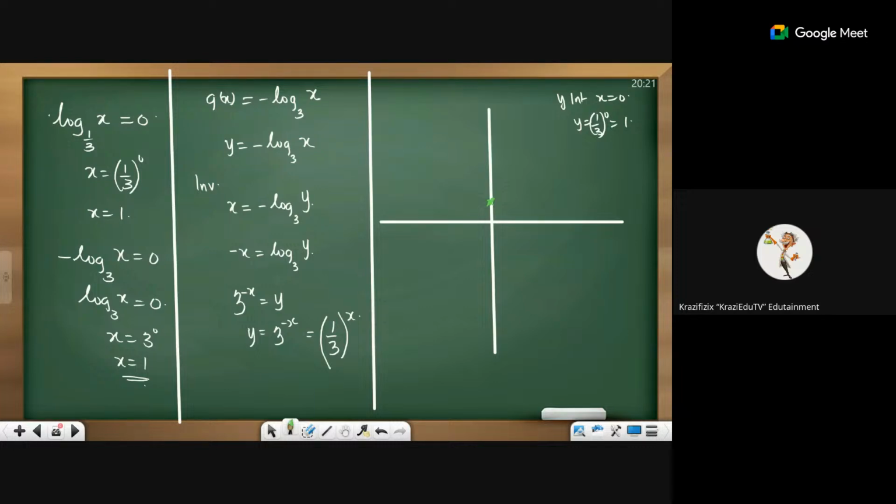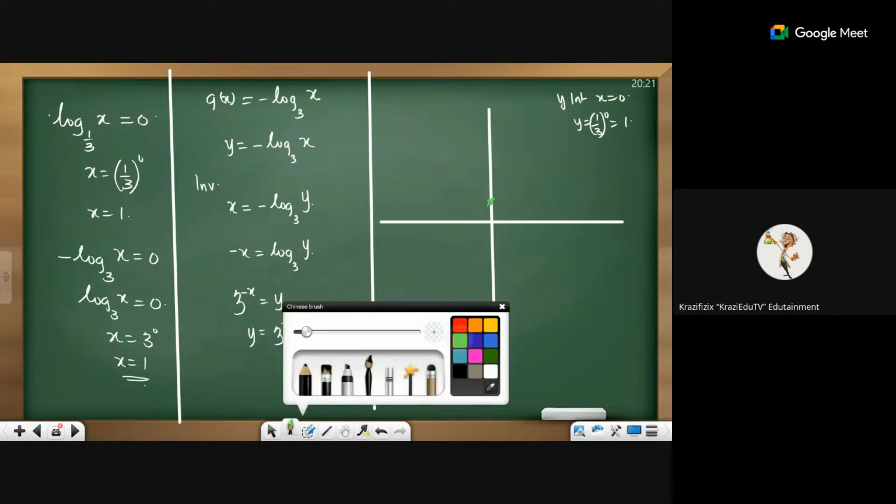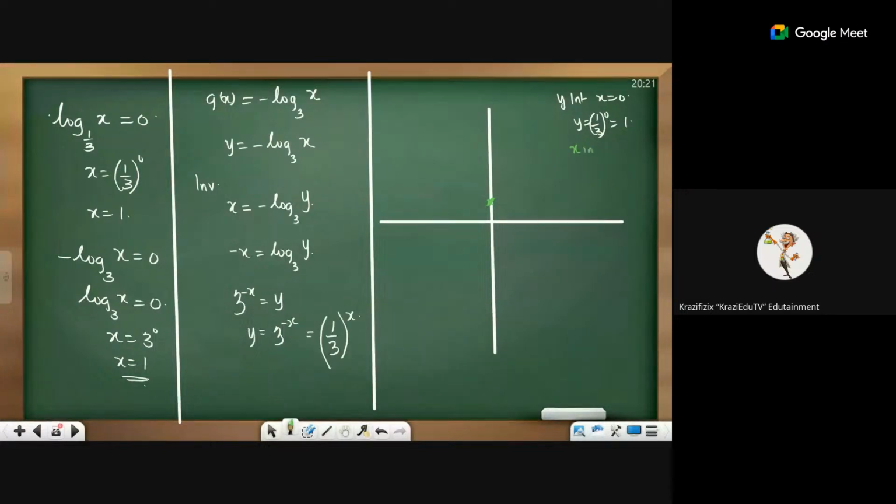Right? Let's get the x-intercept. This is for someone who's not sure. Let's get the x-intercept. 0 equals to what? 1 over 3 to the power of what? X. How do you solve for x here? Logs. But what did I tell you?